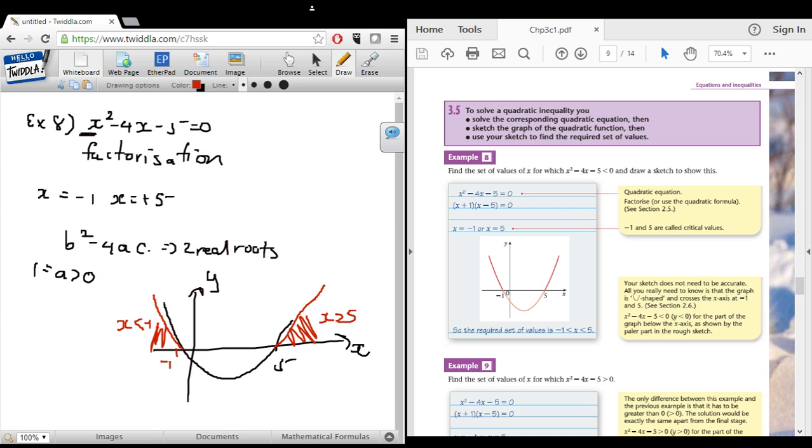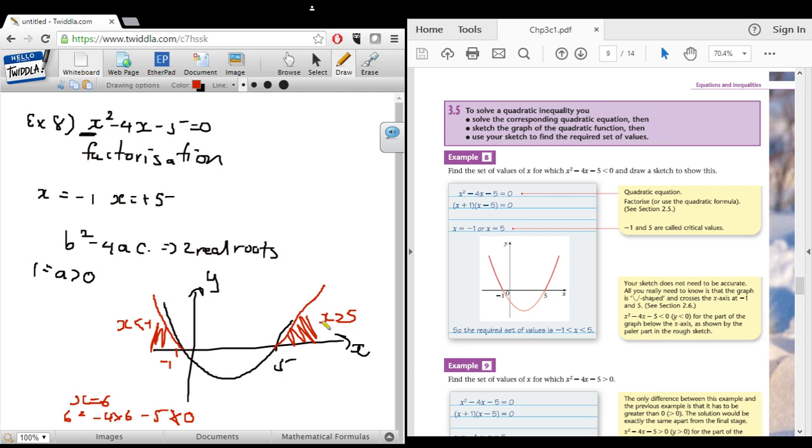So we know, because of that, let's take, for example, here, let's assume that this side respects this rule. So let's take x equals 6. 6 squared minus 4 multiplied by 6 minus 5, that's 36 minus 24 minus 5, so we know that that's not going to be less than 0.